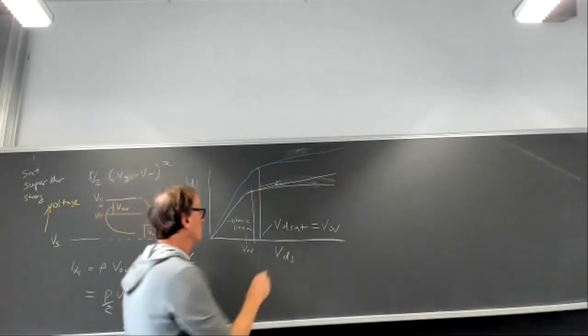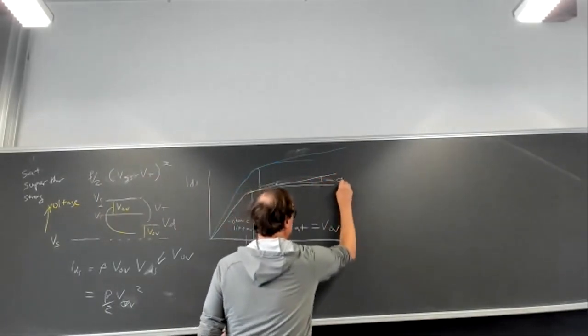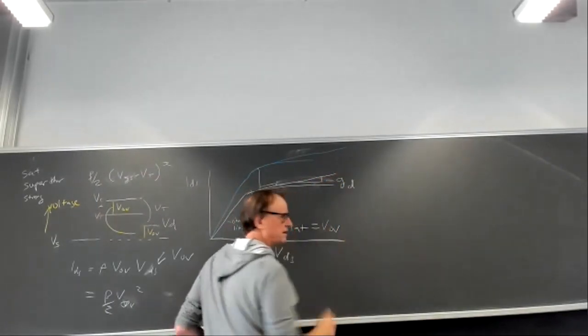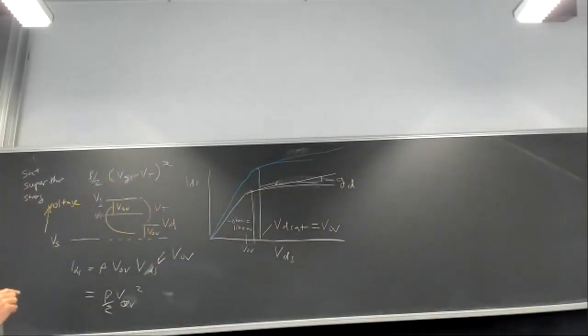Anyway, the slope of that curve, which is this slope here, is the drain conductance, GD. We use G for conductance and D for drain. There is a finite drain conductance. It's like a resistance of the drain. I want to understand where that comes from, how you're going to measure it, and how it scales when you change the transistor length.